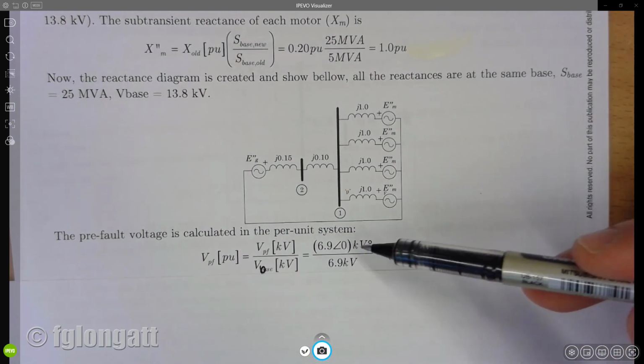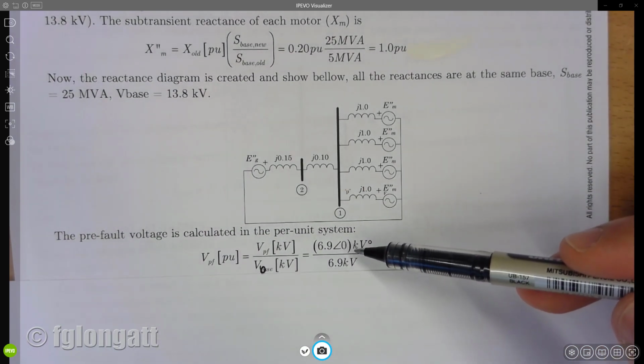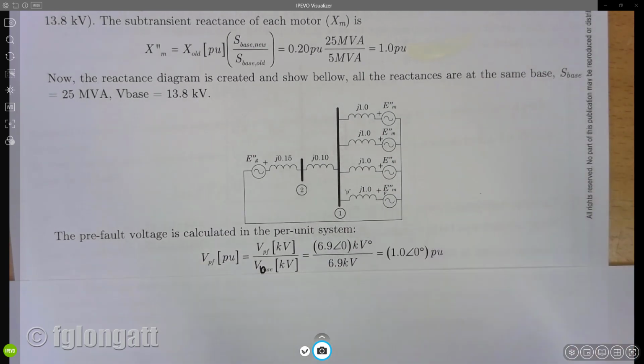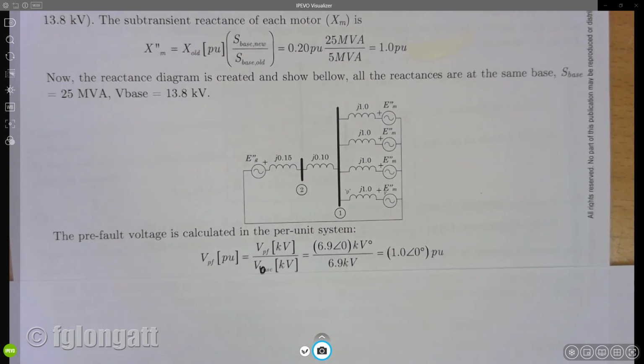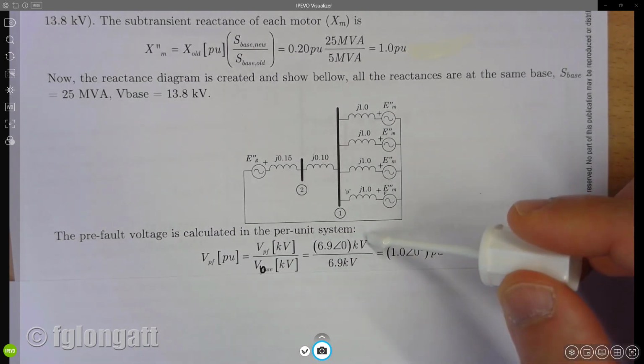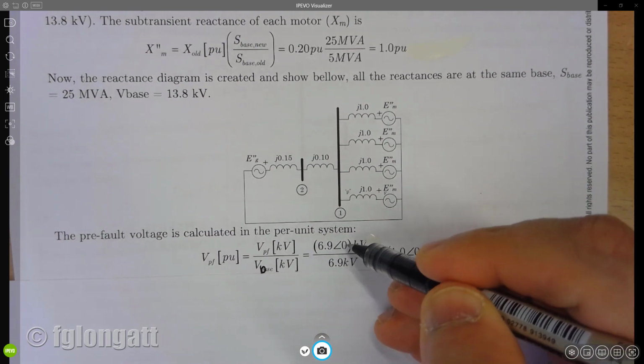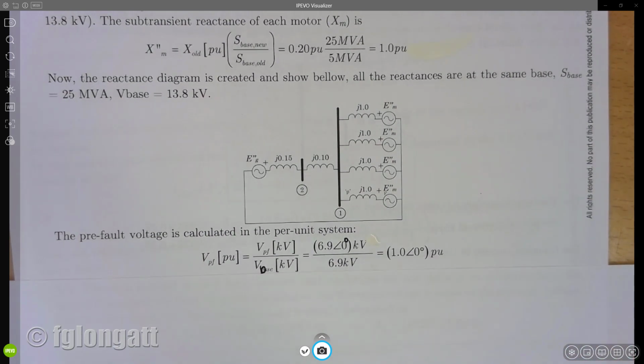Here you can see that this is 6.9 kV divided by 6.9 kV, and we will get 1 per unit, okay? 1 per unit. Quite nice, okay? This is 0 degree because we are defining the voltage as reference at that very specific point, okay?